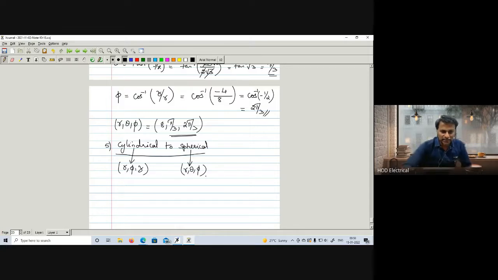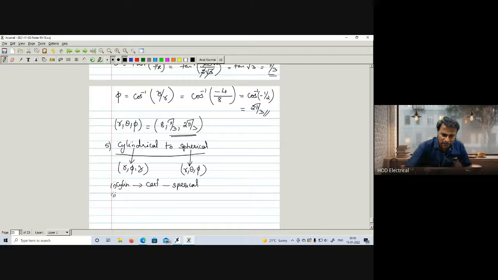For that, there are two ways. First, you convert cylindrical to Cartesian, then Cartesian to spherical. That is one way.